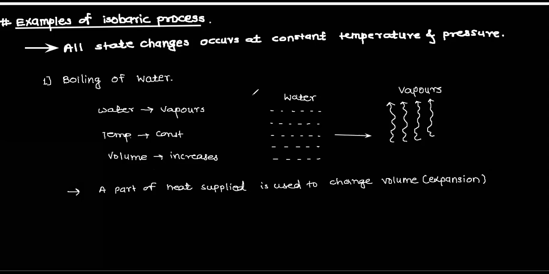So here some part of the heat is used to change the volume of that boiled water. Definitely there is a change in volume because it is going to convert into vapors. Gas molecules will go away a little bit, and that's why volume will be more. Expansion, but against what? Against external pressure.